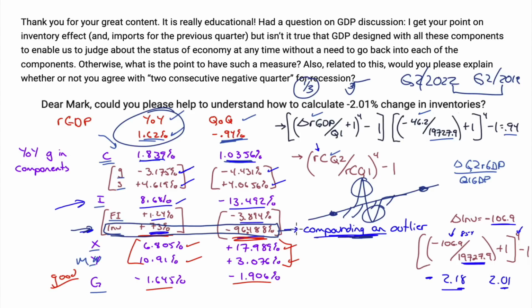That's why looking at the negative numbers for Q1 and Q2, if you look past them, if you look at year over year, or if you look at pre-pandemic versus 2022, you'll find that it doesn't meet the definition of a recession. A recession is a broad-based decline in activity, not an anomaly in one or two sectors.